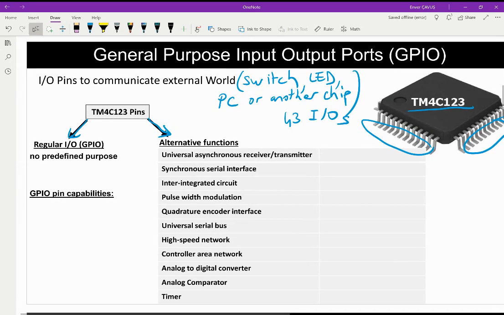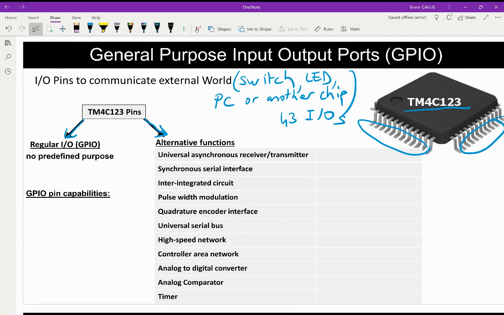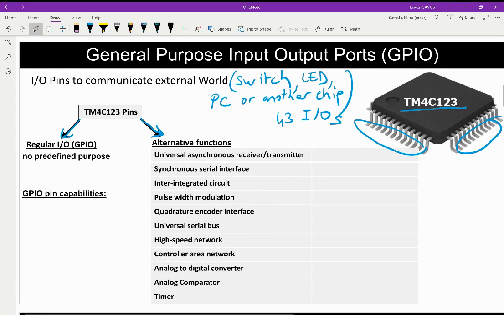If we use them as regular IO, it means they have no predefined purpose. So we can use them to read from a temperature sensor, or write to an output LCD or LED. These are just two examples. Then we can use these for other purposes as well.